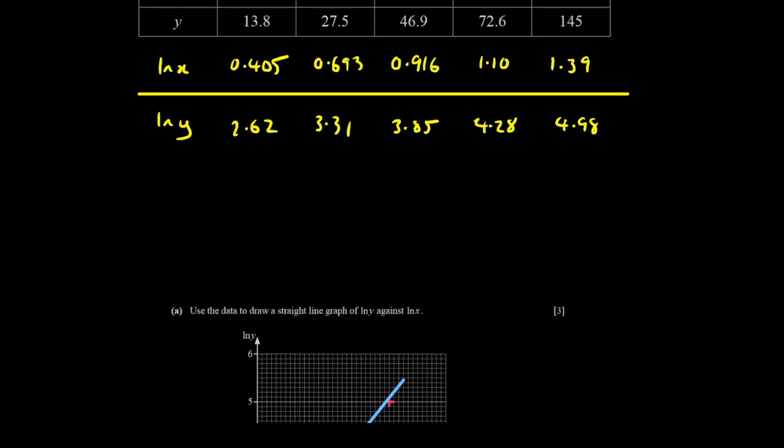So let's go up. The gradient m is equal to y2 minus y1, so 4.98 minus 2.62. Let me just do that, 4.98 minus 2.62, and I get 2.36. Divided by x2 minus x1, so that's 1.39 minus 0.405, and that gives me 0.985.